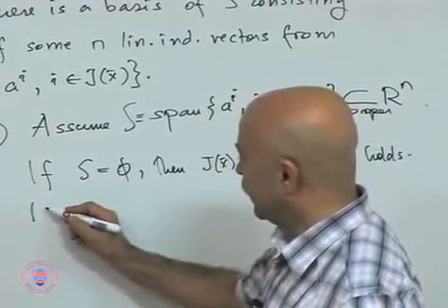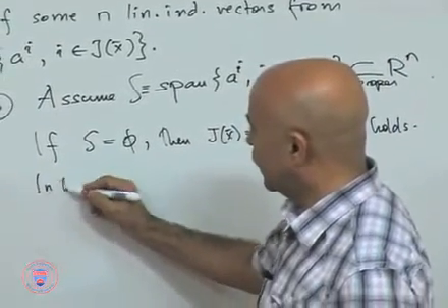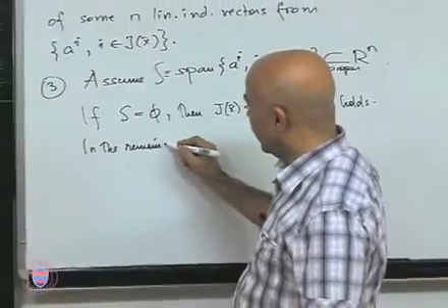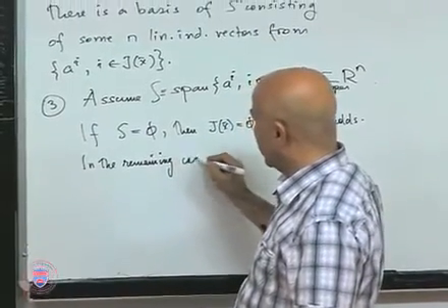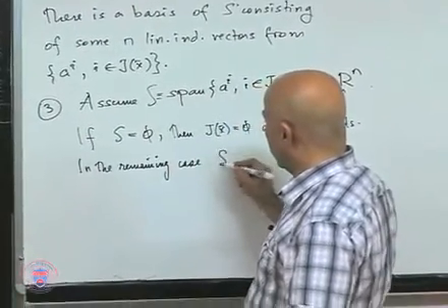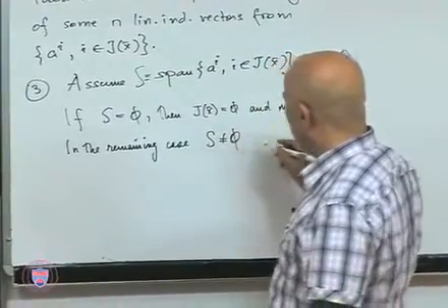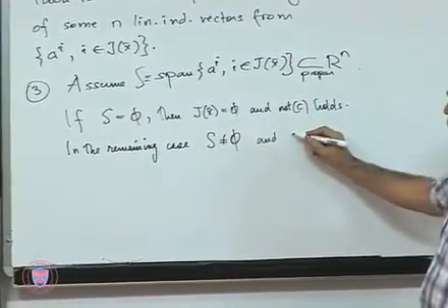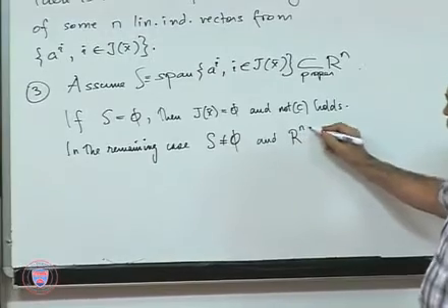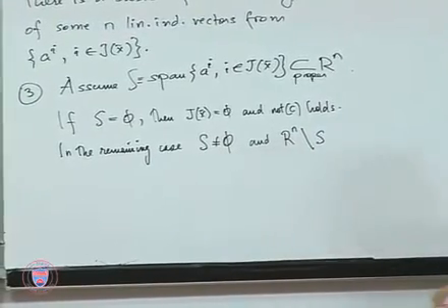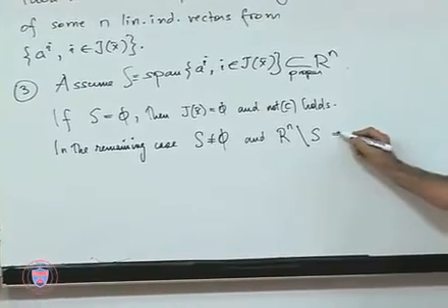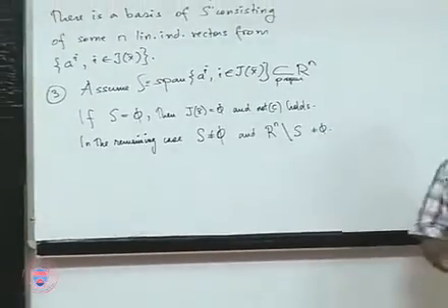So, in the remaining case, S is non-empty. And because it's a proper subset of Rn, with S removed, this set is also non-empty. There's something in it, okay?